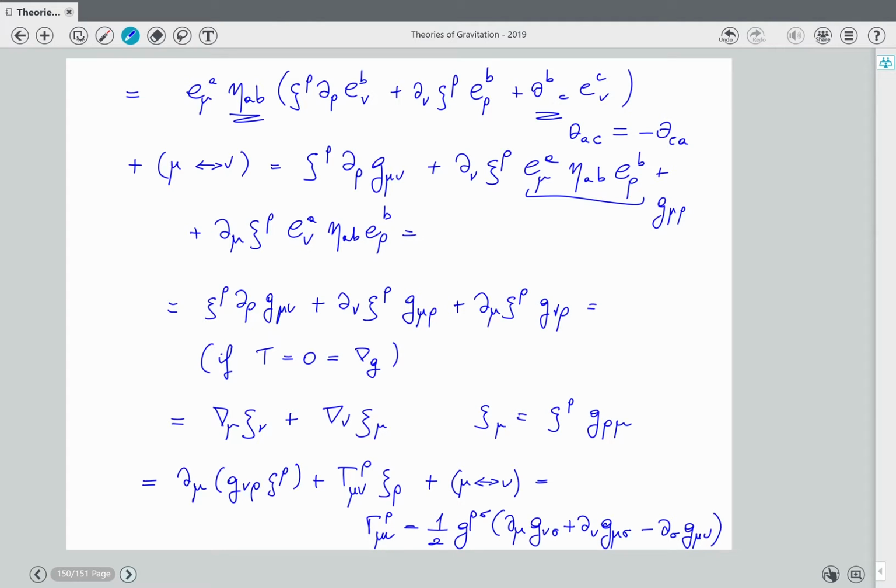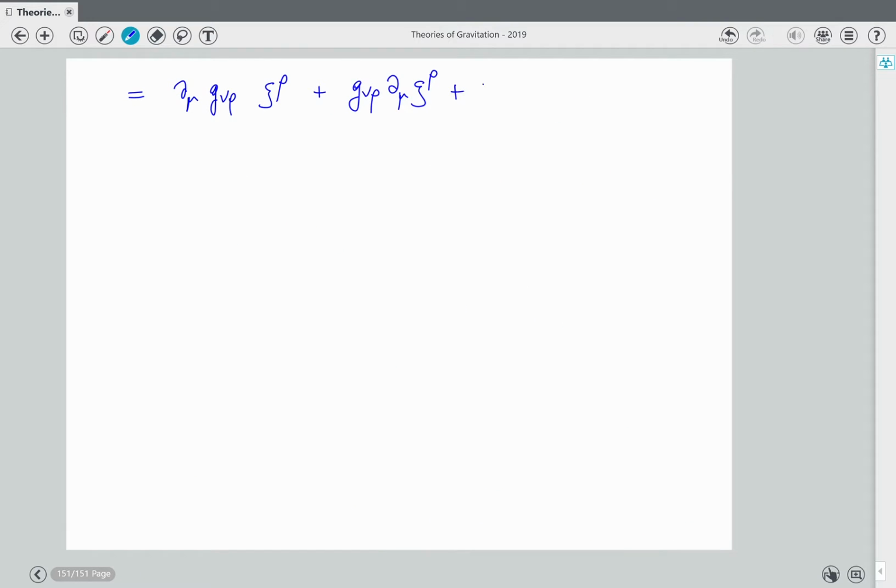And so let's write that. So we have g rho sigma psi rho that just raises the index of psi, which is lower here. So with g rho sigma it gets raised and you get psi sigma. So you have 1/2 psi sigma and the rest.